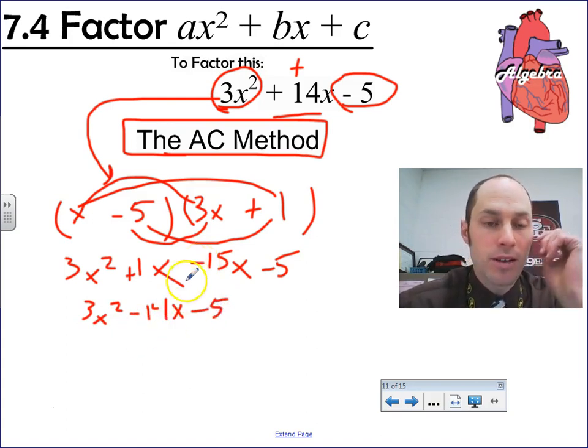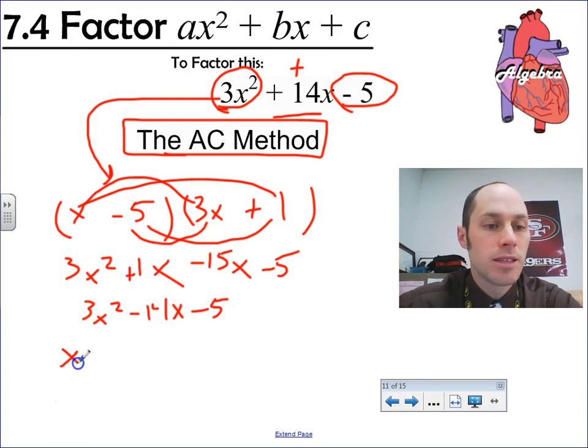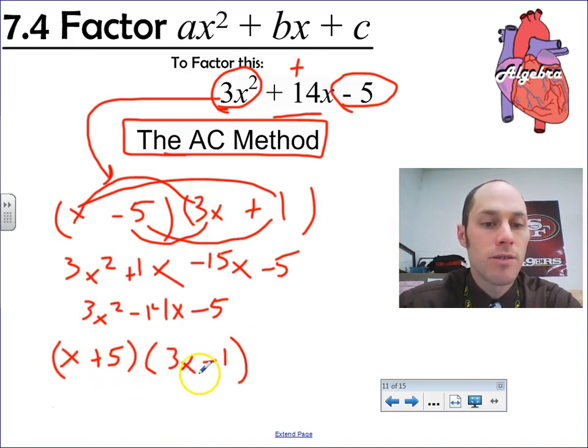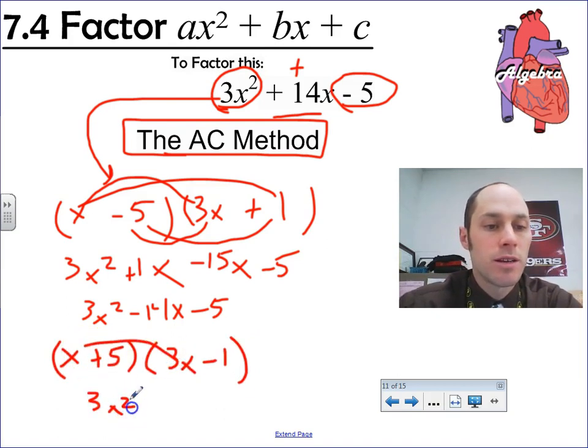So let's flip these around. Let's say instead of x minus 5, let's do x plus 5. And instead of 3x plus 1, let's do 3x minus 1, because that'll still give us a product of negative 5. Multiply that one out, I get 3x squared minus 1x plus 15x and minus 5.